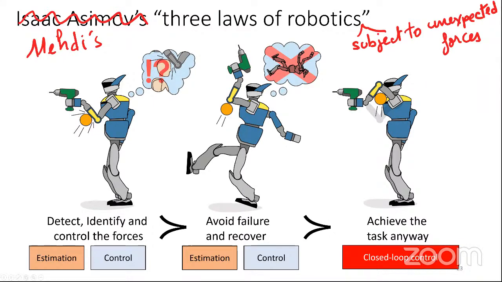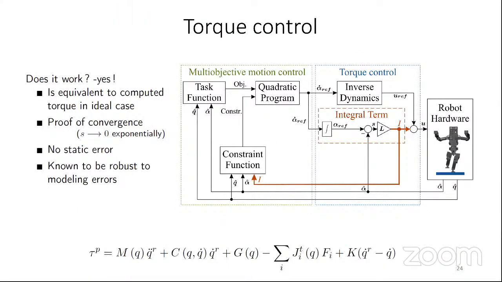in the presence of these unexpected forces. Throughout several publications, we have presented the torque control approach that uses robots without torque feedback. One key idea is this: this is the reference acceleration coming from the QP.